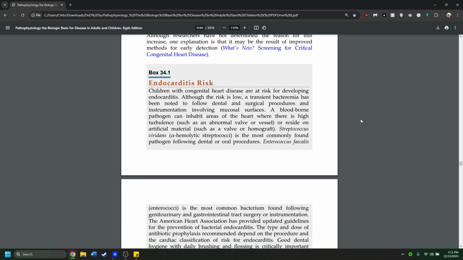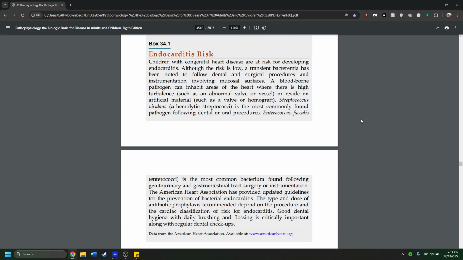So, children with congenital heart disease are at risk for developing endocarditis. Although the risk is low, a transient bacteremia has been noted to follow dental and surgical procedures and instrumentation involving mucosal surfaces.